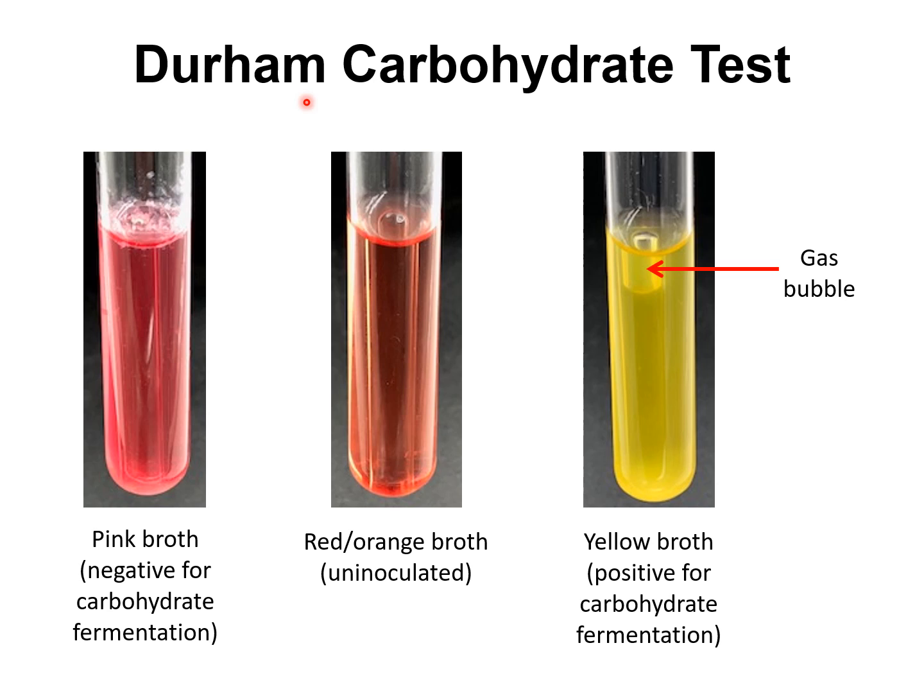Okay, so again, you need to be able to interpret the results. So know the colors that you should expect. Know which color is positive, which color is negative, and then again be able to identify the images, okay? So you need to know that just by looking at this image, this is the Durham carbohydrate test.